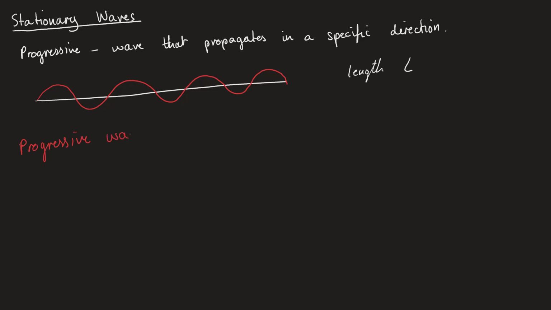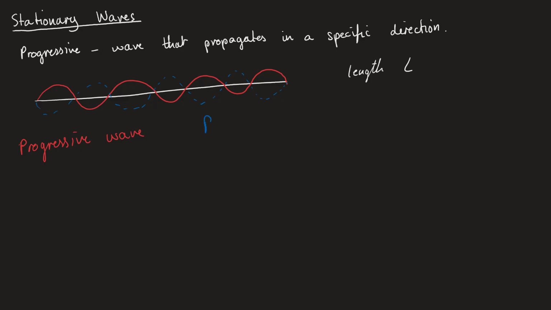Because it is moving along the string, it will move up. But at the end of the string, at the top of the guitar, you have a piece of plastic called a nut, and it causes that wave to be reflected. So we get a reflected wave, which comes backwards like this. I'm going to draw it as a dashed line.